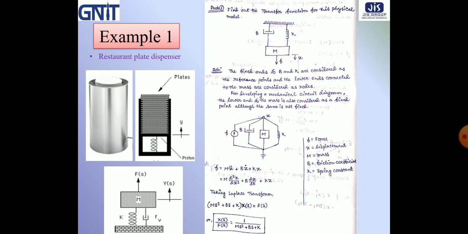Now what will be the direction of the force? The arrow, in which direction? If we apply a force in a direction, then the displacement will be in that direction. If we apply a force from left to right, then the displacement of the mass will be from left to right.